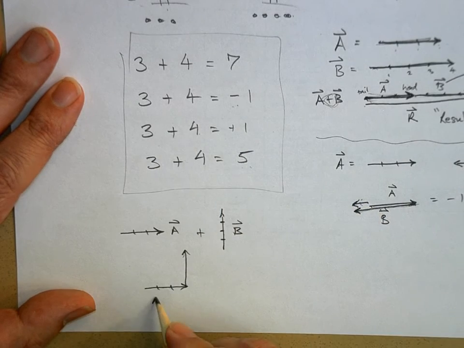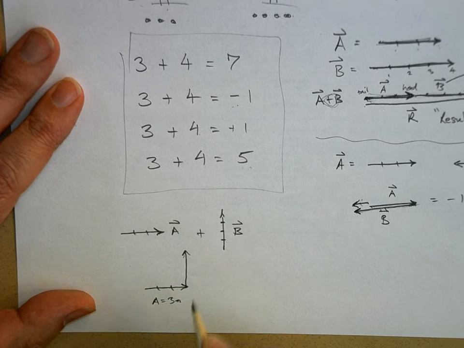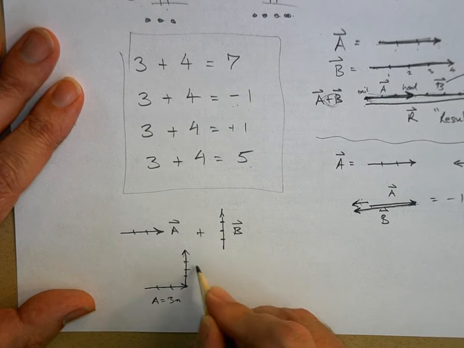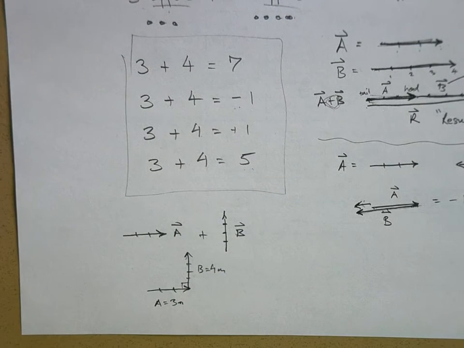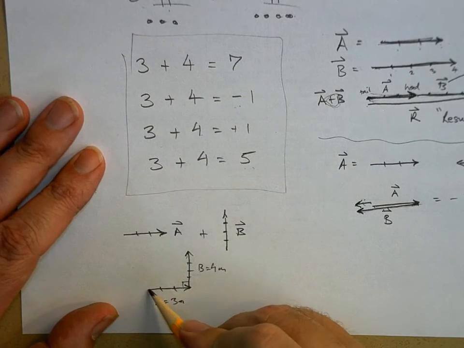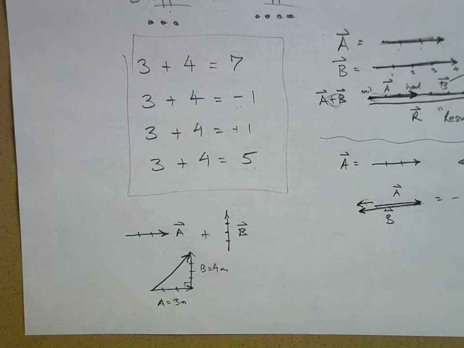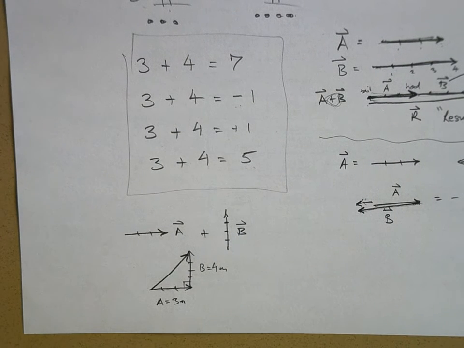So here's A equals 3 meters, and B equals 4 meters, but now they're at a 90-degree angle, right? So what's this going to be? Well, it's a 3, 4, 5 triangle. I mean, you can do Pythagorean theorem if you want. This is 5.